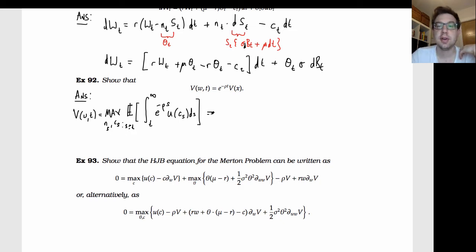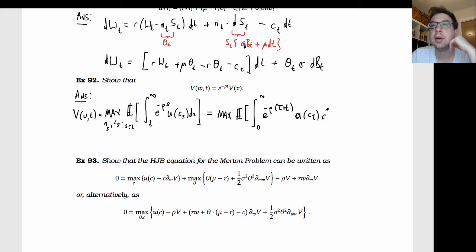So if I apply a substitution in here, where I shift time so that we start at time 0 and go to infinity rather than from t to infinity, the integral goes from 0 to infinity, and the appropriate time shift replaces s by tau plus t, and I get u of c of tau d tau.